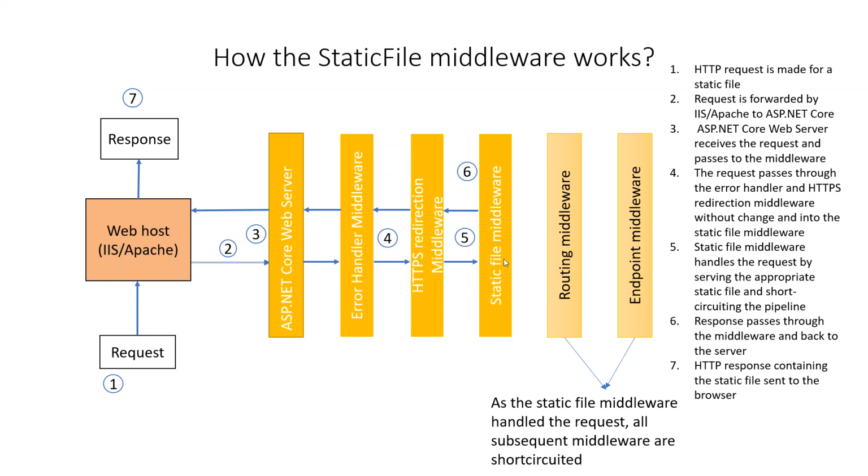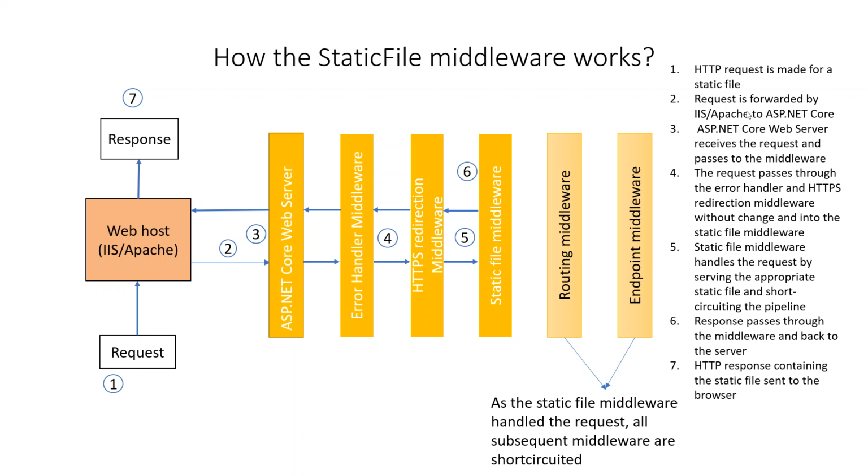So the request is short circuited from being passed over to the routing middleware and the endpoint middleware, as the static file middleware handles this request all the way and back to form a response, which is nothing but serving that static page. All the subsequent middleware are short circuited. So these are down the line of this middleware pipeline, routing middleware and endpoint middleware.